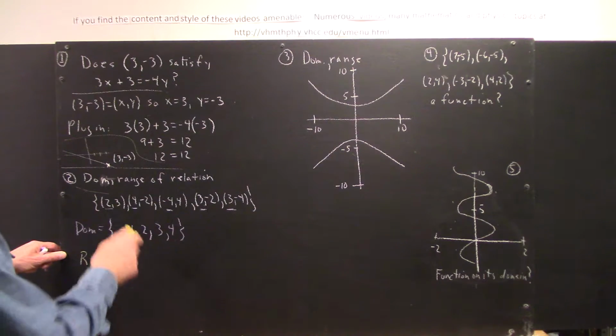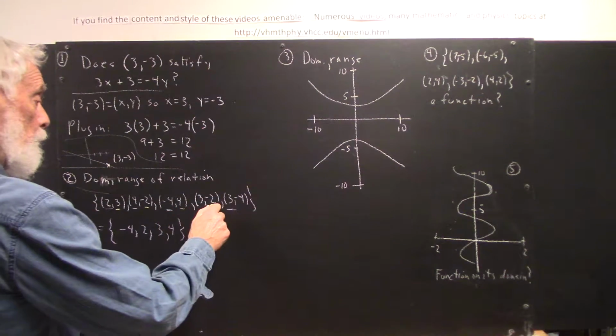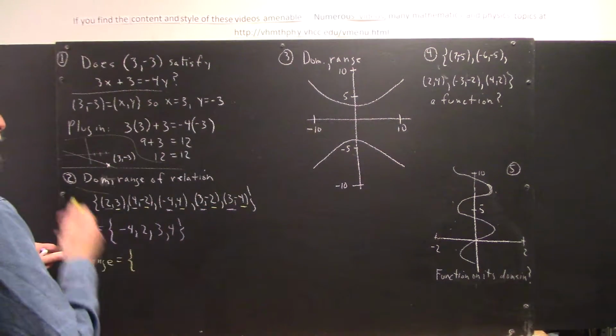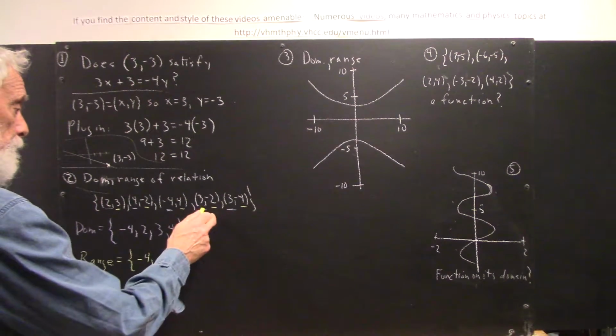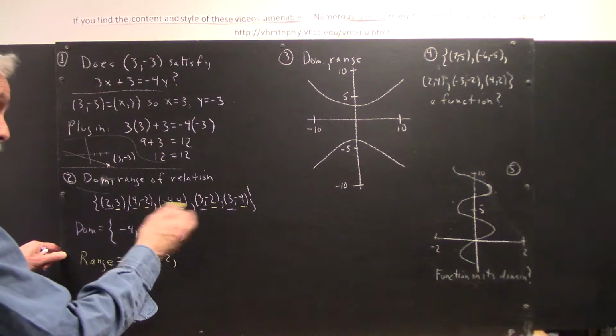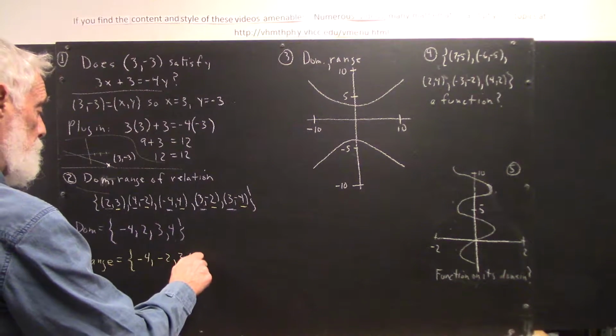Our range is what? It's the set of second coordinates. That would be 3, -2, 4, -2, and -4. So again, going from the least to the greatest, -4 is the least, then I believe -2, and I would normally ask a class to let me know if I missed something, because I could. And then we have 3, and then we have 4.